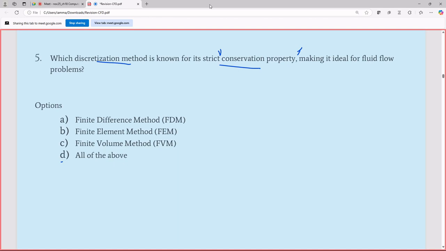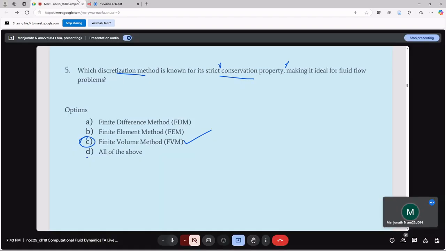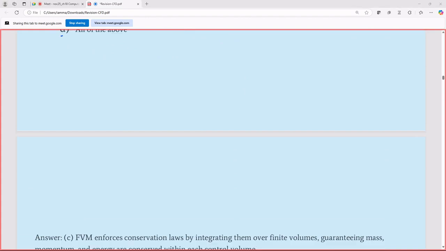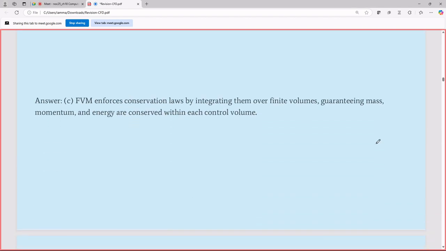Our answer is option A, sorry, option C, finite volume method. Finite volume method is known for its strict conservation properties, because FVM enforces conservation laws.